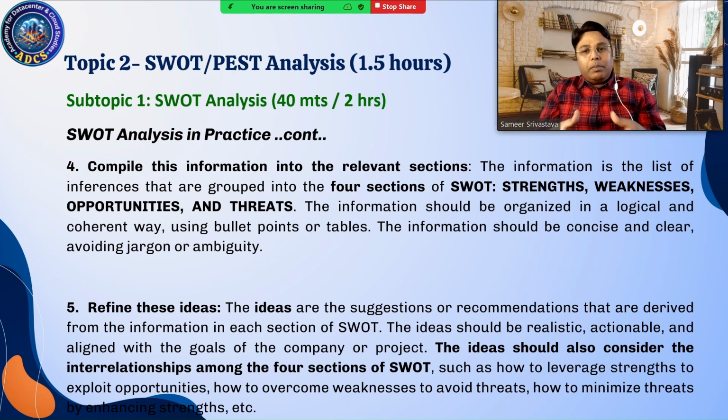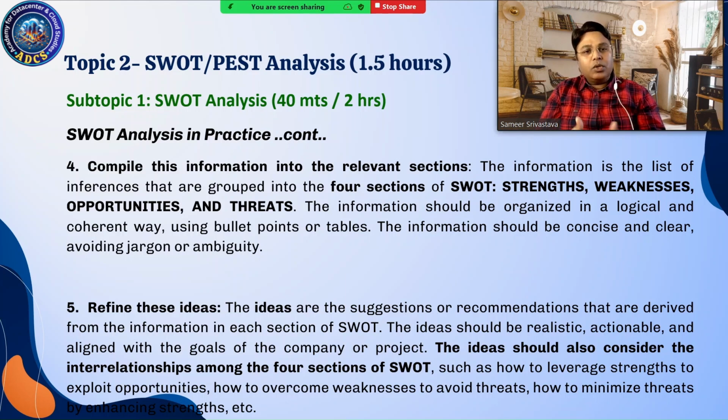Then we compile this information into the relevant sections, which are four sections: strengths, weaknesses, opportunities, and threats. So first of all, you have to identify, list out, and then after listing out, you have to make the grouping of the strengths, weaknesses, opportunities, and threats.